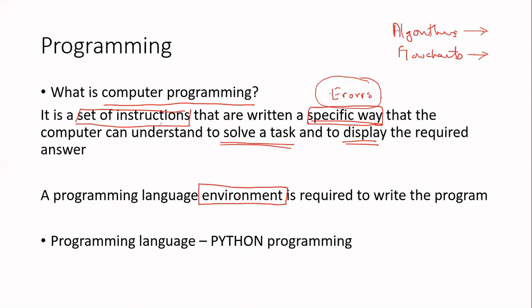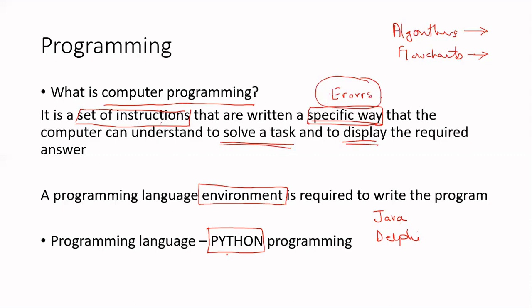For this particular course, we are going to be using Python programming. So that's the programming language that we are going to make use of. There are many other programming languages such as Java. You also get Delphi. So these are just some of the programming languages. We're going to make use of Python.